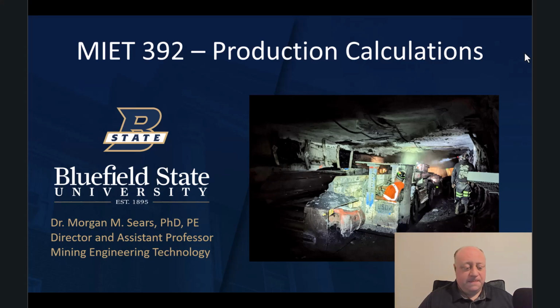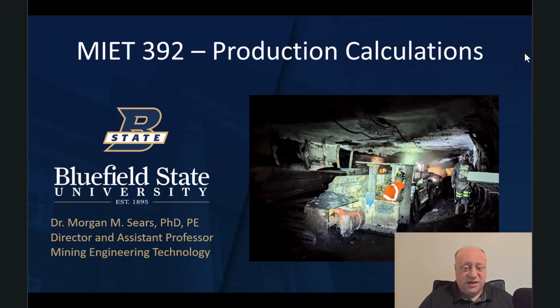Today we're going to be talking about production calculations for the course project for BSU's MIET 392 underground mining class. Some of the information that you're about to receive has been given to you in the project guidelines, which are available on the website.